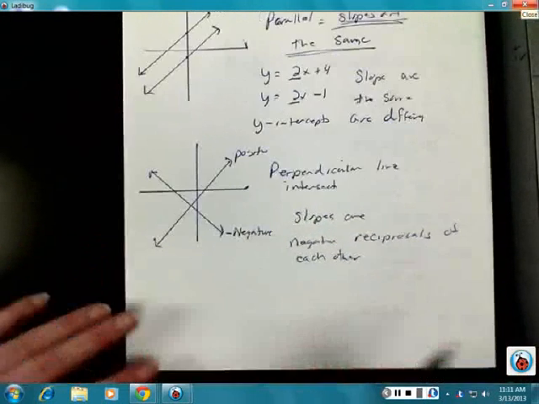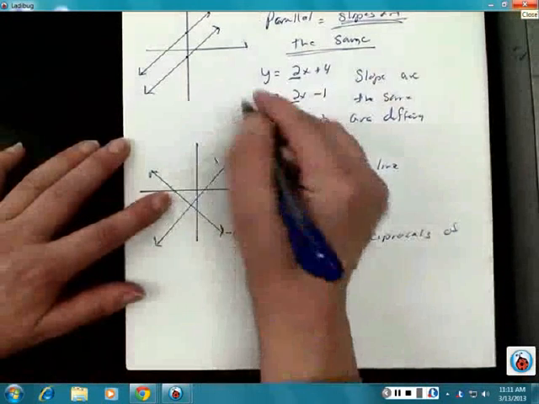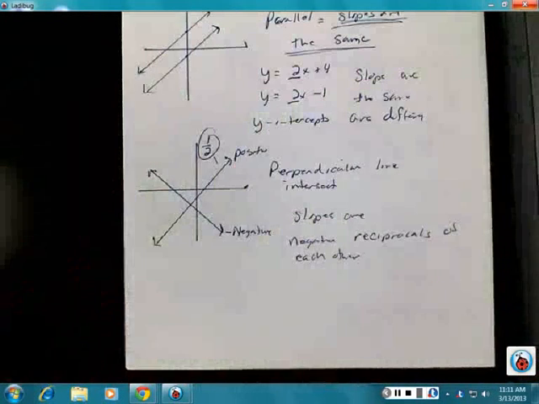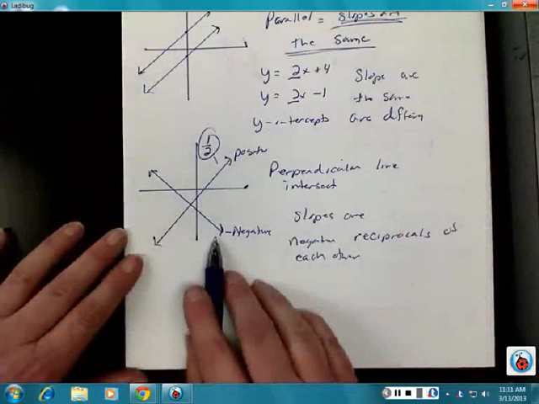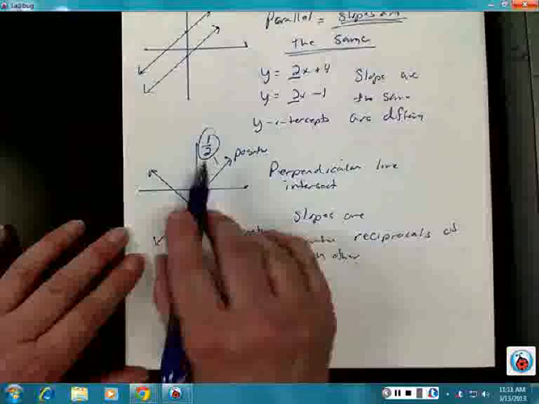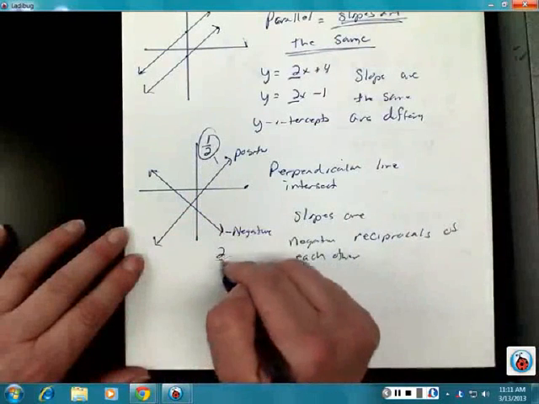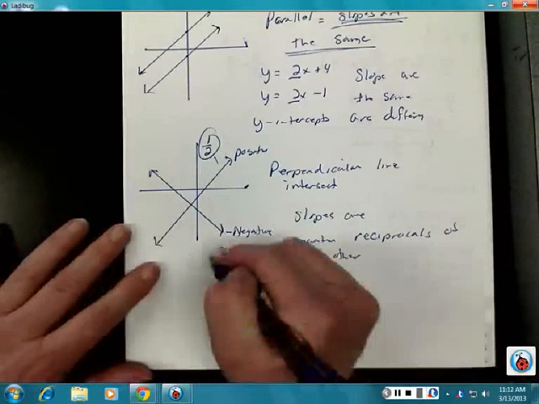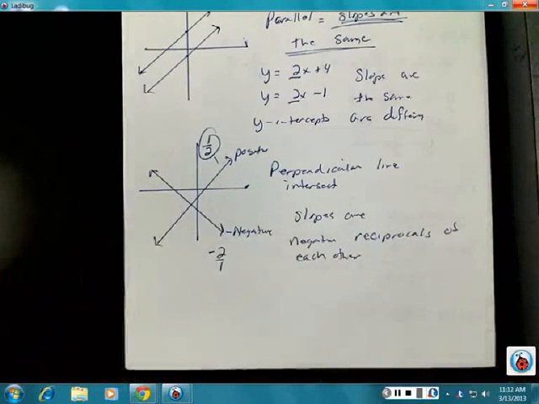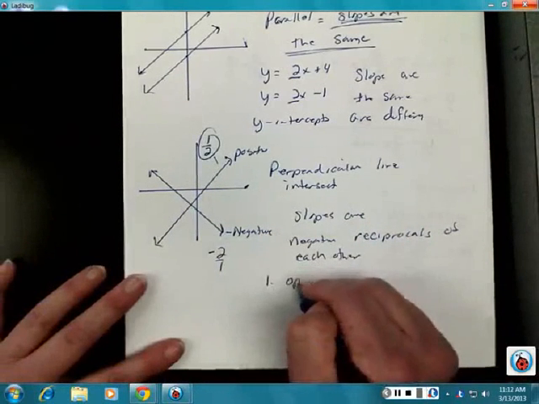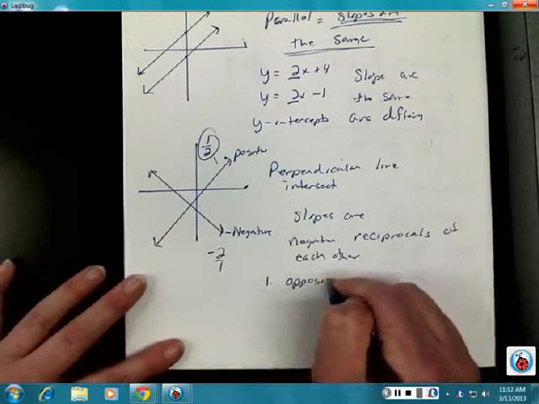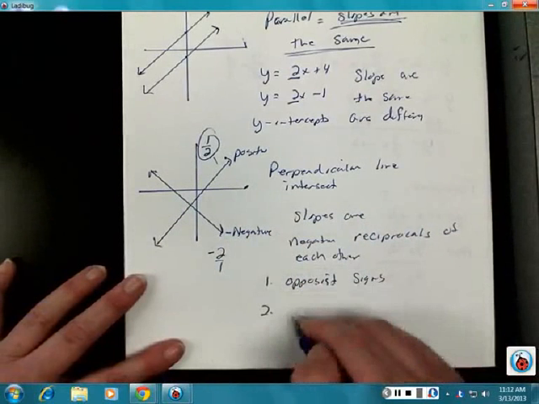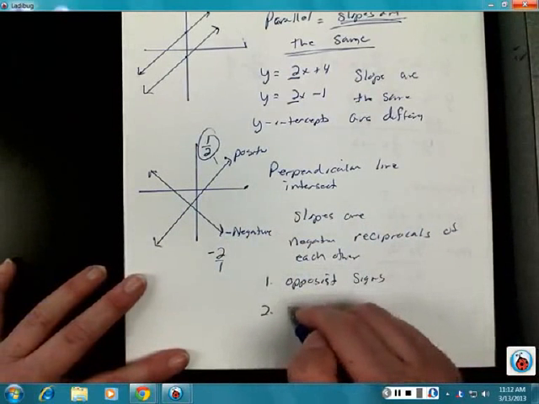So if this positive slope happened to be 1/2, what would its negative slope have to be? Well, if it's the reciprocal, I need to flip that upside down, and I need the opposite sign. So first, opposite signs. And second is reciprocals.